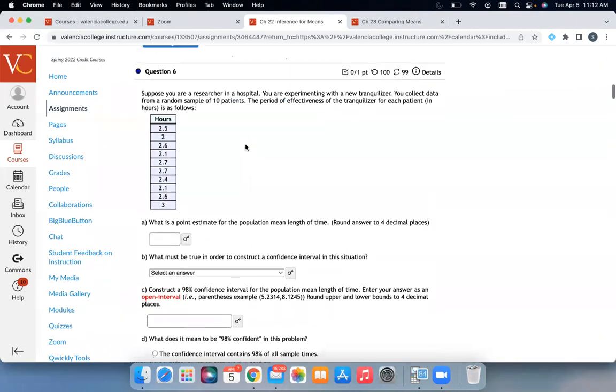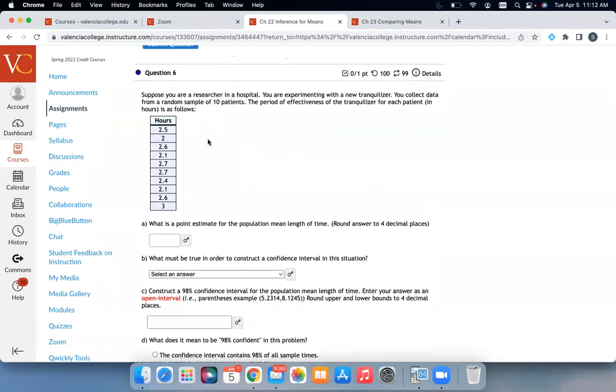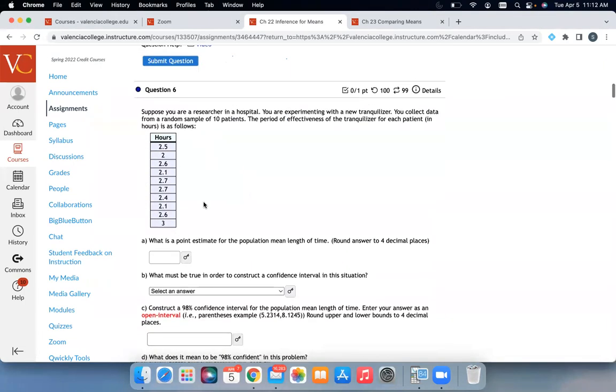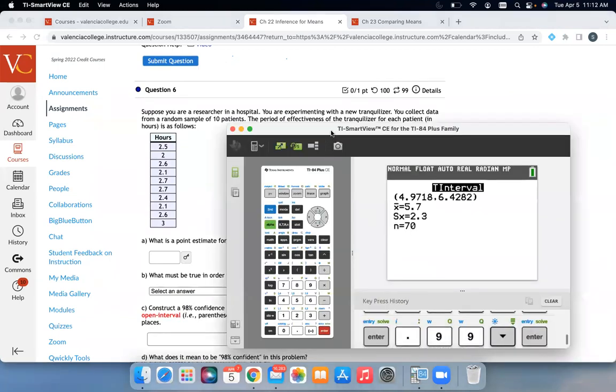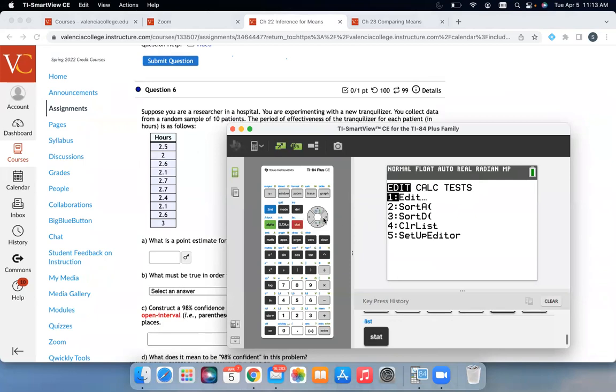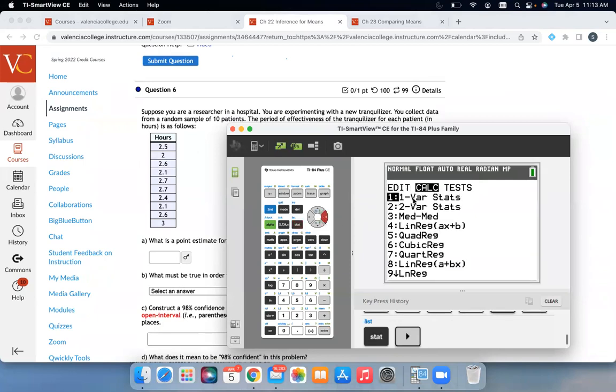Okay, what if they give us the data instead? Okay, so there are a couple of different ways we could do this. Because they've given me the sample data, I could go back and think like we did on test 1 and find the sample statistics. So I could come here into stat, over to calculate, one variable stats.